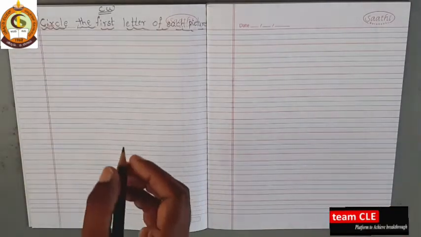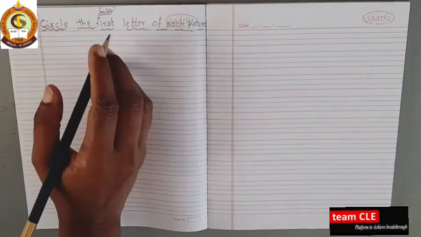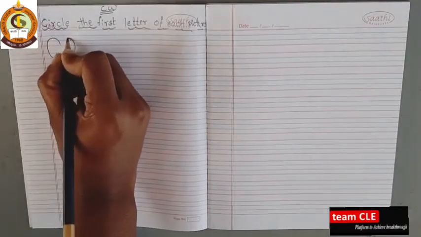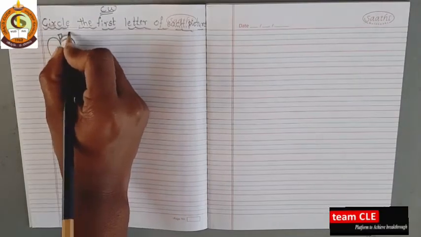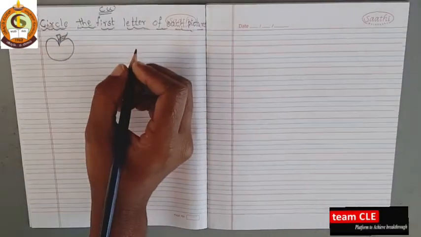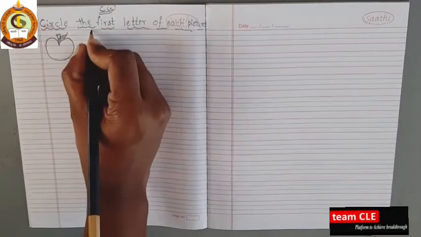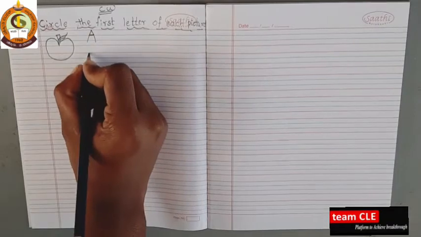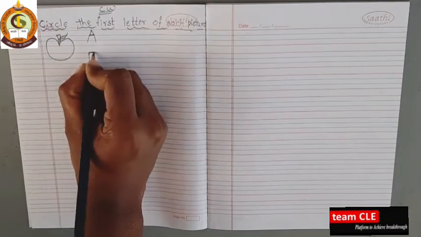So now here children you have to draw the picture. Okay, see, apple, so draw the apple picture and write here capital A and F down here.